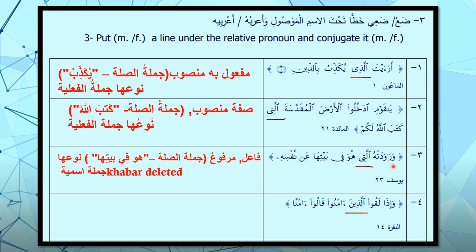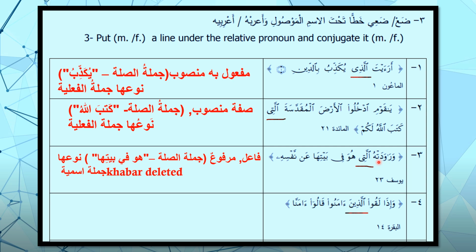Now the third one is rawadathu. This is the past tense, and we have the whole jumlatul fa'iliya in this one word. We have our fail, rawadat, and we have the file hidden in it.